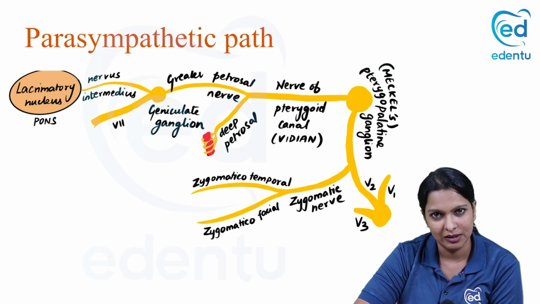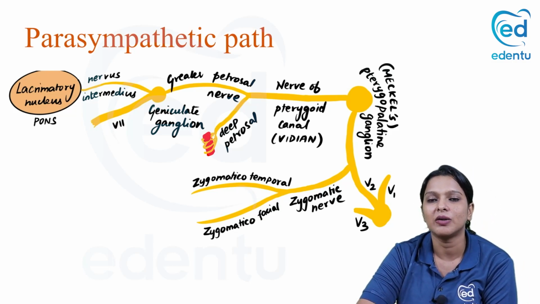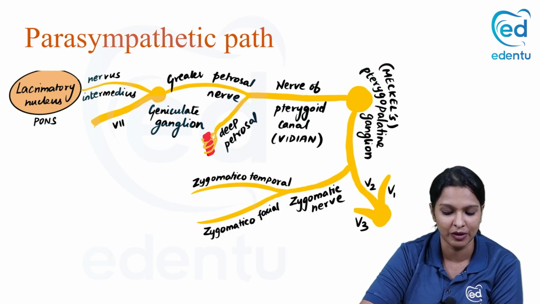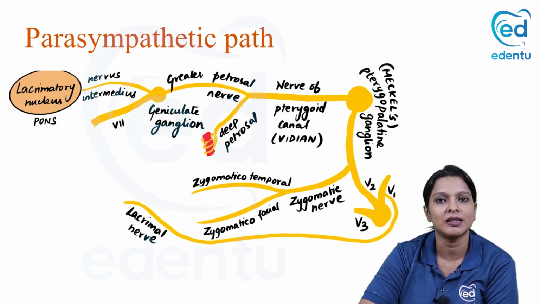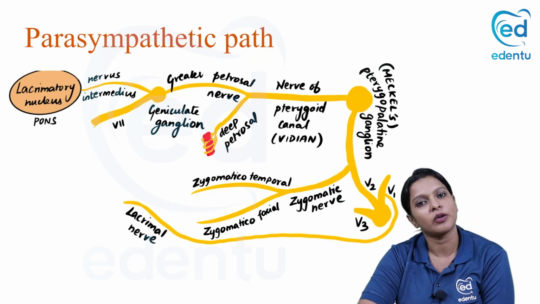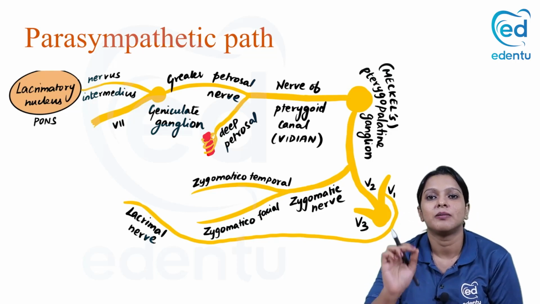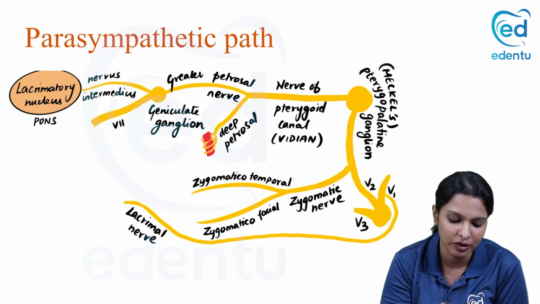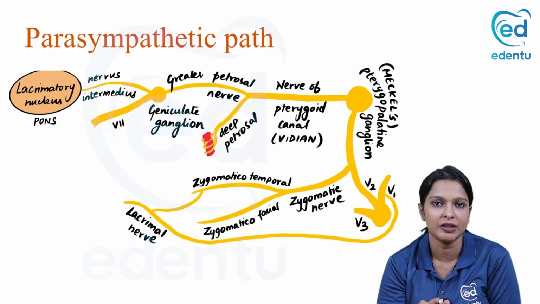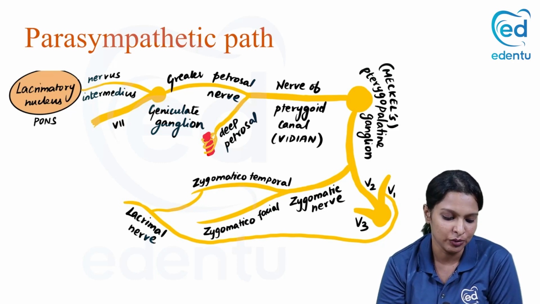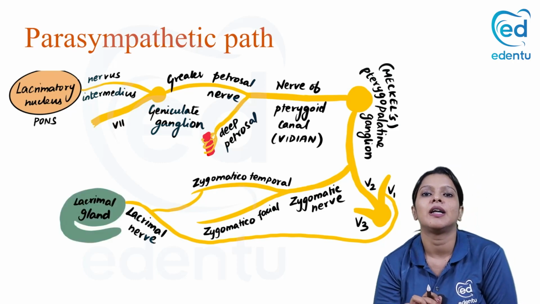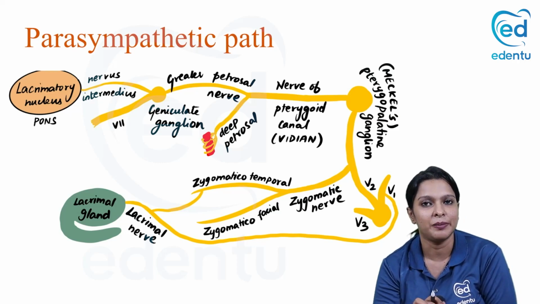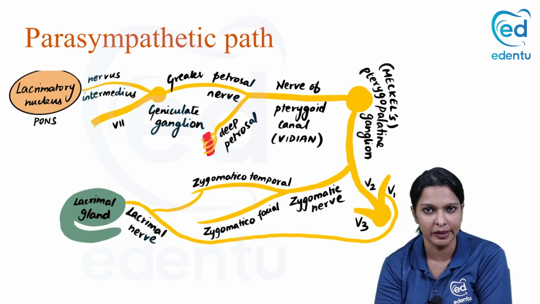Now, just leave this aside, and we'll go on to one branch from V1 or the ophthalmic division of trigeminal, that is called the lacrimal nerve. There is a connection between the lacrimal nerve and the zygomatico-temporal nerve, and through this lacrimal nerve, the lacrimal gland is innervated. So this is the parasympathetic secretomotor pathway.